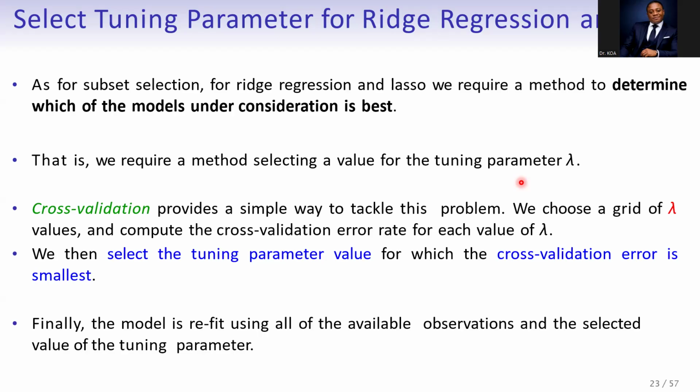So the tuning parameter is more or less affecting the way the coefficient of the independent variable is affecting the dependent variable. This is important. So you should know the role of beta and you should know the role of the lambda. It's very important.